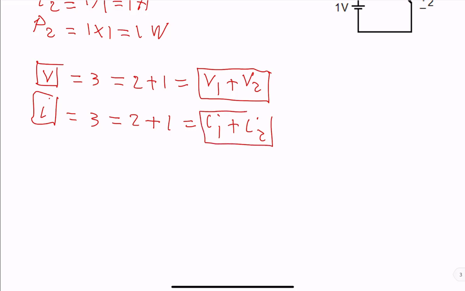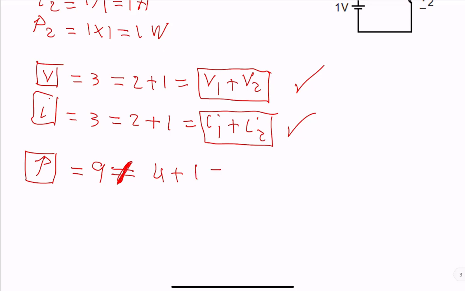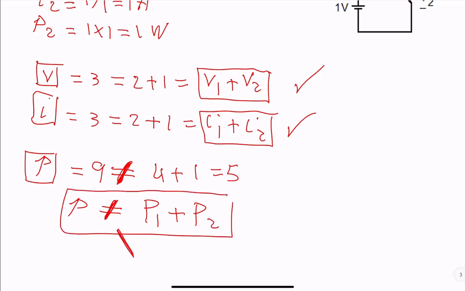So as you see, superposition works for linear responses. If we look at power, the correct answer is 9, and it is not equal to 4 plus 1, which is 5. So P is not equal to P1 plus P2. Superposition does not work for nonlinear responses.